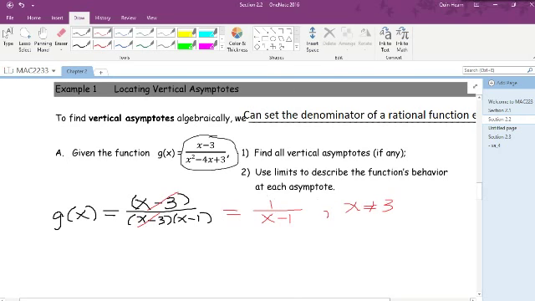But everywhere else, it's going to have the same graph as 1 over x minus 1. So as long as you have it completely reduced, all you need to do is to set the denominator x minus 1 equal to 0, and that tells you where your vertical asymptote will be. You might wonder what's happening at 3. 3 would be a hole in the graph, just a hole, not a big asymptote.